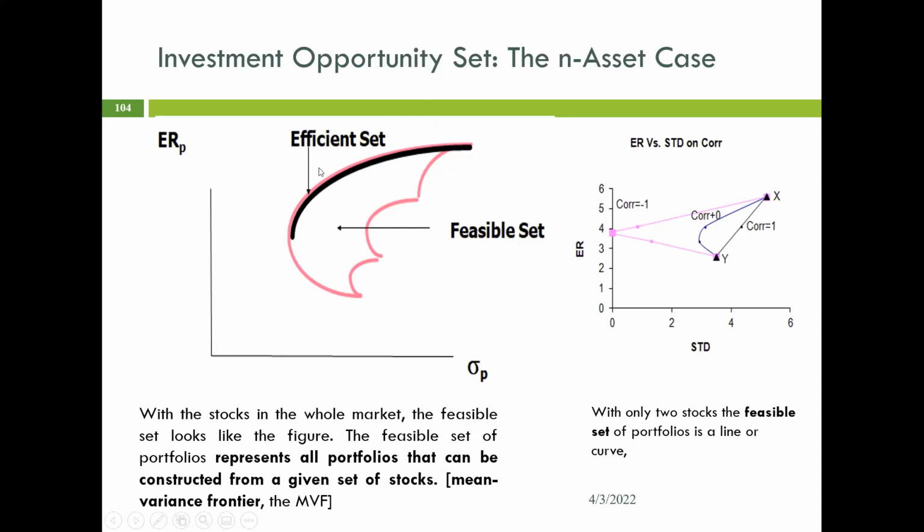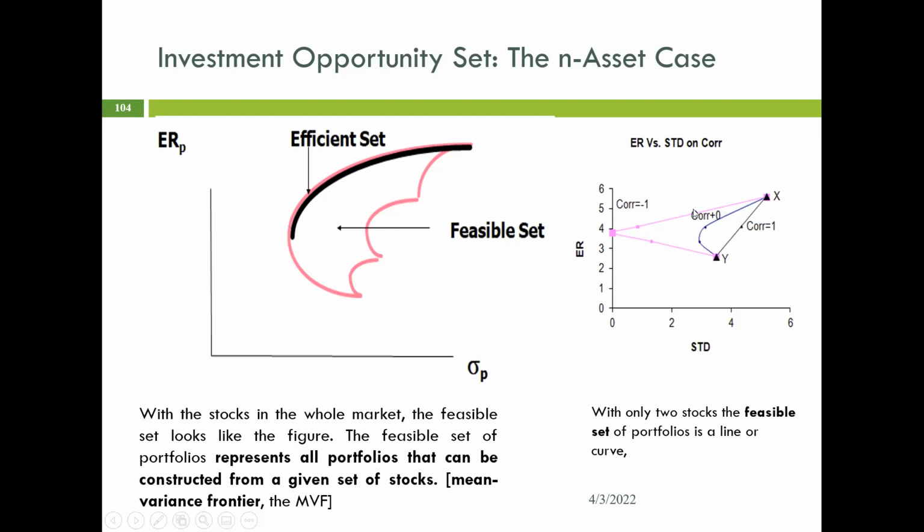So with a large number of stocks or with the whole market, you can identify the feasible set of portfolios, which represents all portfolios that can be constructed from the given stocks. It should look like this figure. This is what we discussed a few minutes ago, with two stocks. This diagram we have explained.